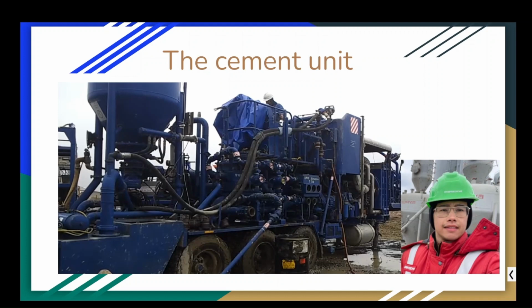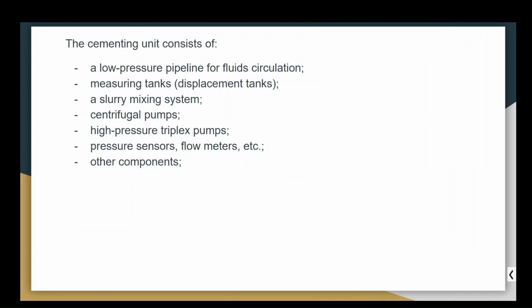Let's dive into this. The cement unit is a special machine, like the heart of the well cementing process, which produces our cement slurry to pump fluids in order to provide zonal isolation in the well and to maintain the wellbore and the casing. It consists of a low pressure pipeline for fluid circulation.